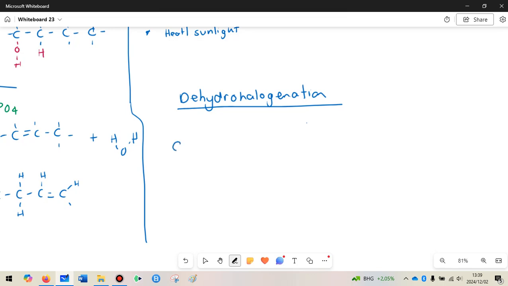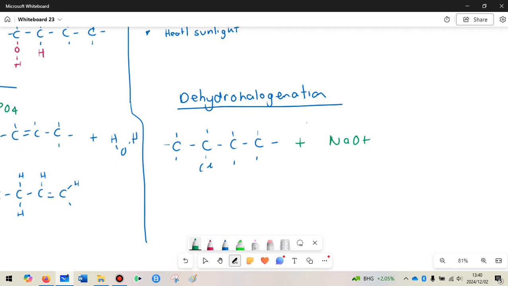I have to add a little extra something in to make this one work. Okay, so let's start off with our hydrohalogen. Okay, and we are going to kick out, as the name says, a hydrogen and a halogen, but we have to add a little something to this for it to work. We add NaOH.